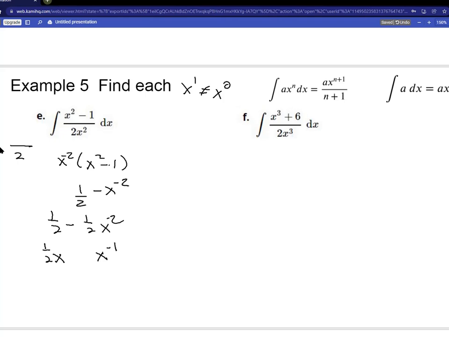Whenever I'm dealing with negative exponents, I'm going to slow down a little bit. So now I'm either going to divide this by negative 1 or multiply by negative 1. Because what's the reciprocal of negative 1? Is it negative or positive? It's positive 1, right?